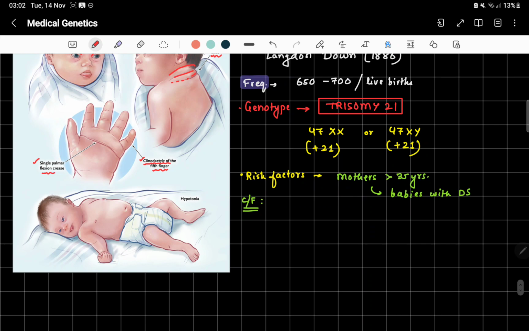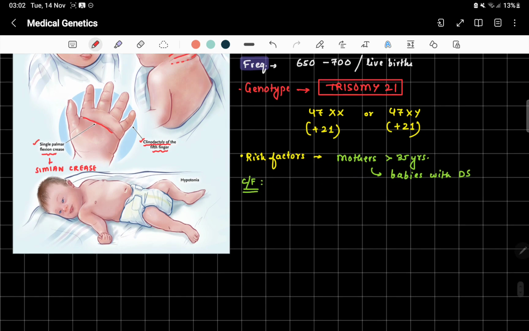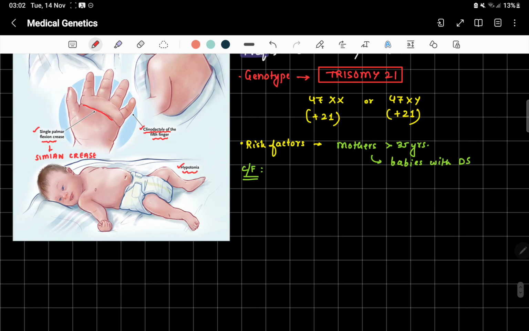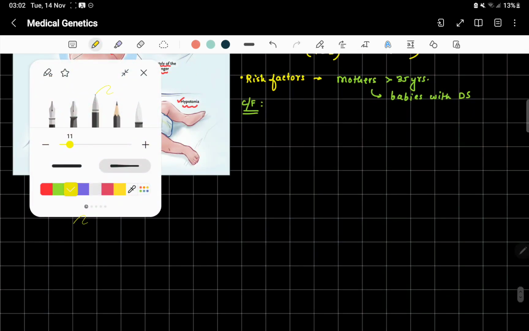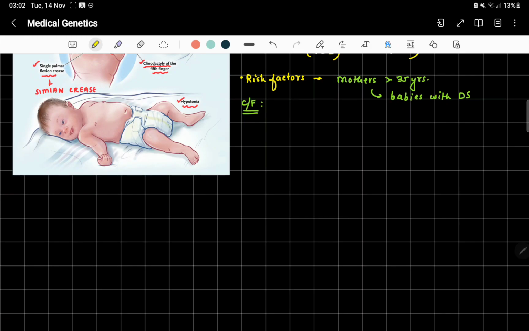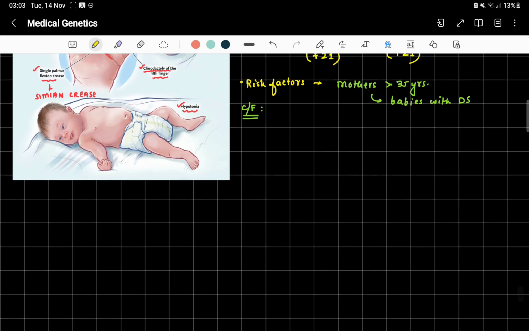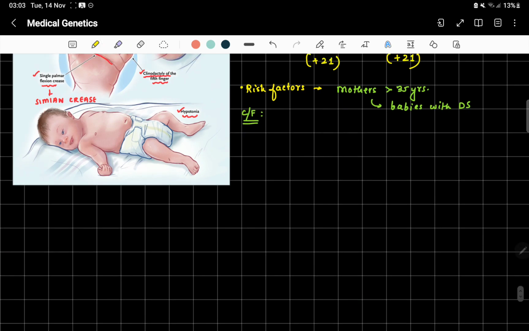A single palmar flexion crease, which is called a simian crease. And hypotonia, the loss of muscle tone. So let me write it. Round face with oblique, upward slanting palpebral fissure is called a mongoloid face. The important thing is to write mongoloid.